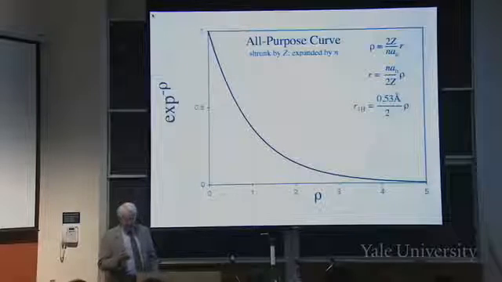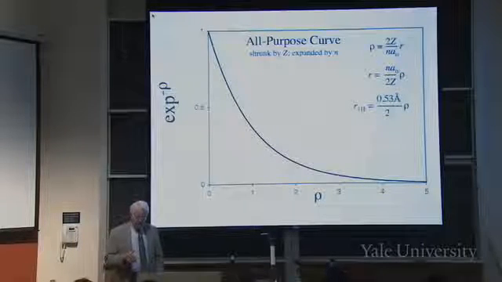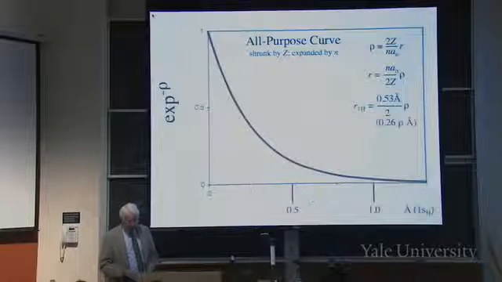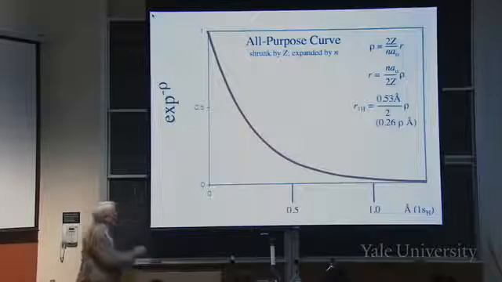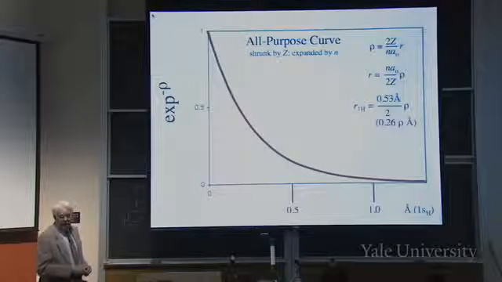So n is 1, Z is 1, so it's 0.53 over 2 times rho. So we can just put a new scale on there. Here's half an angstrom for hydrogen, here's 1 angstrom for hydrogen.